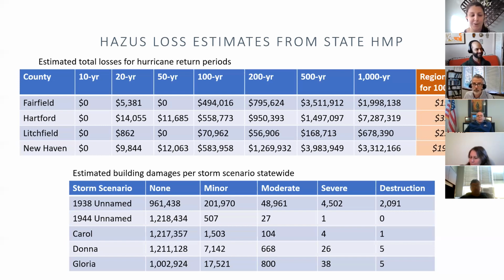We do take a look at earthquake, but this is still hurricanes. So we like to take a look at the level of destruction that could potentially occur. You can see that the 38 resulted in some pretty large numbers for building damages, while Donna and Gloria also had some pretty large numbers as well. But again, these are some of the numbers that we'll be modeling and pulling out of HAZUS.